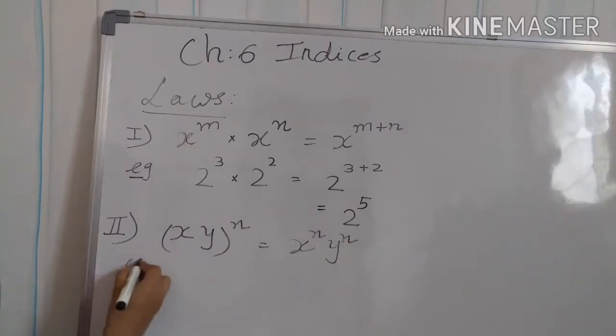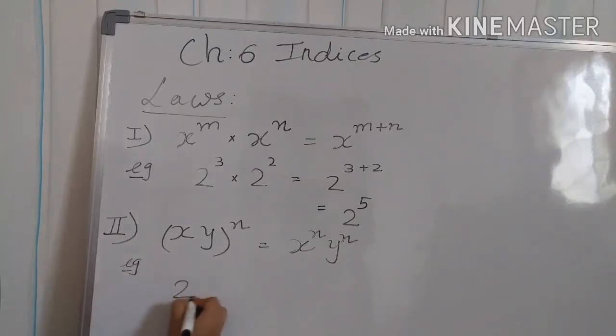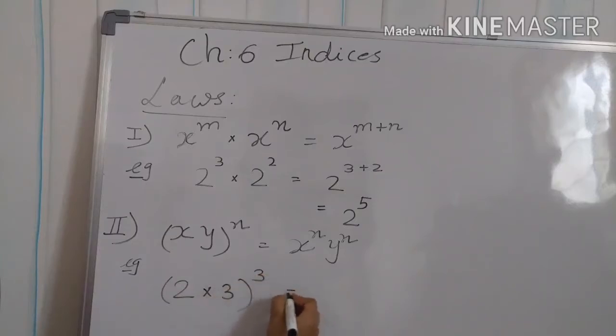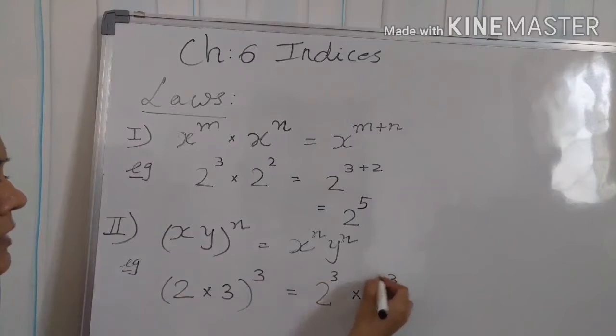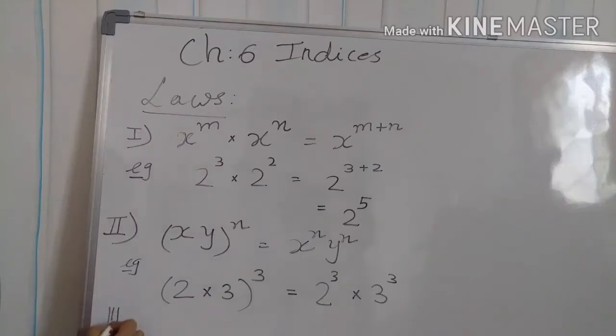Now I will take one example to understand this. If 2 multiplied by 3 whole cube, then 2 cube into 3 cube; this power 3 will be with both the variables. So this is our second law.